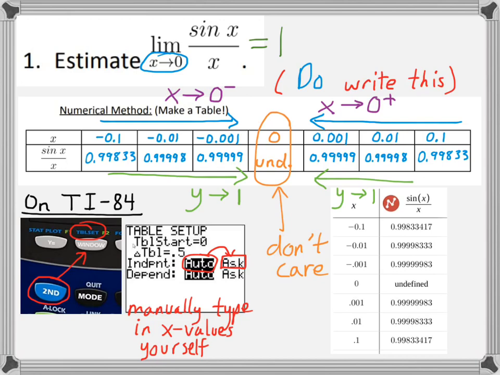If that had said a value of 2 instead of undefined, or a value of 1,373 or whatever, I don't really care. The stuff in orange just doesn't matter. All I care about is what happens as x approaches 0, which is the values in blue on either side. What happens at 0, who cares? All right, now on to the next examples.